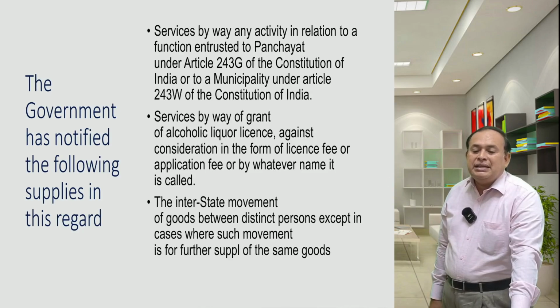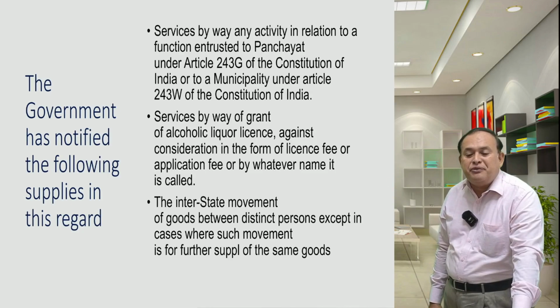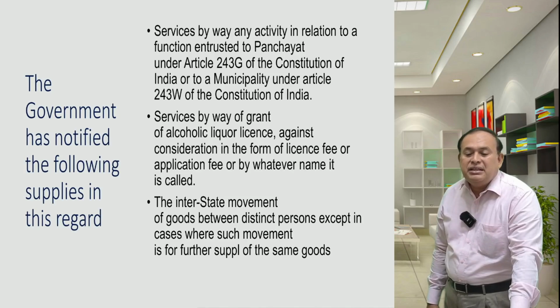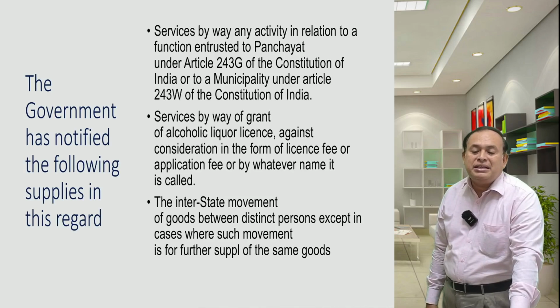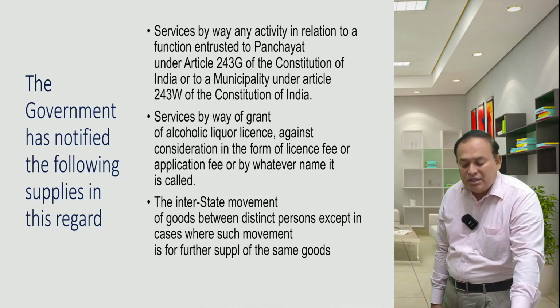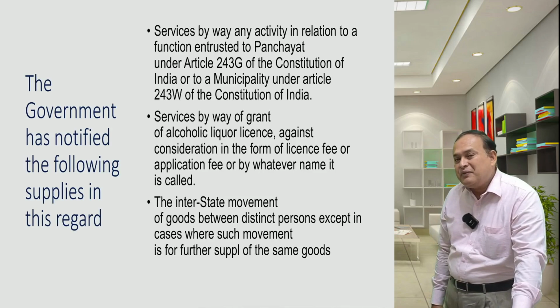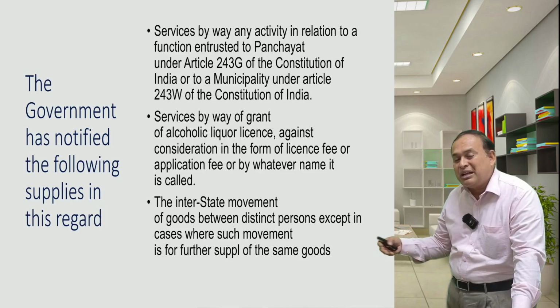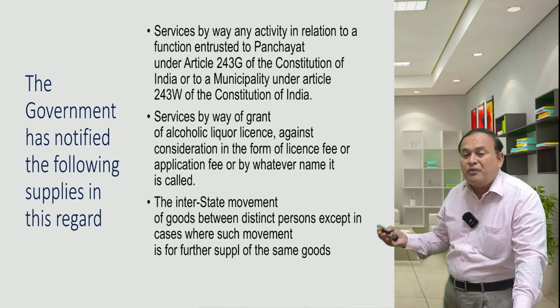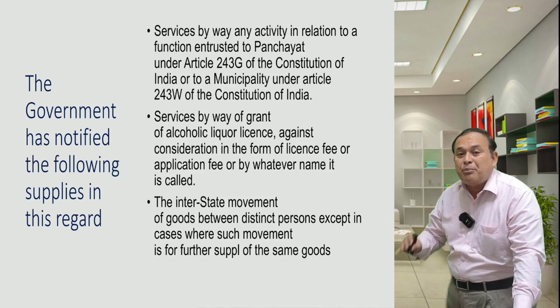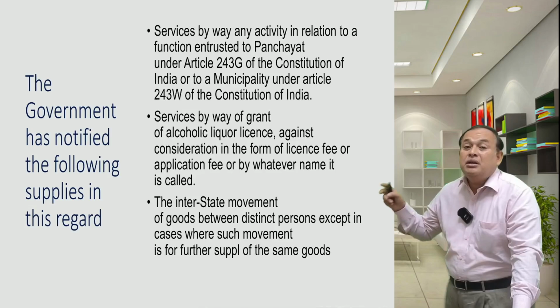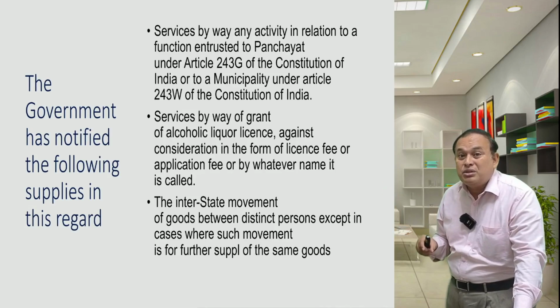Further, the interstate movement of goods between distinct persons, except where such movement is for further supply of the same goods. Sometimes, as I referred before, the head office sends goods to a branch office in another state where both are registered persons, distinct persons. Supply of those goods even without consideration is a supply. But the vehicle carrying the goods is owned by the head office.